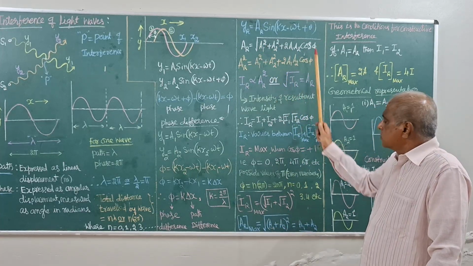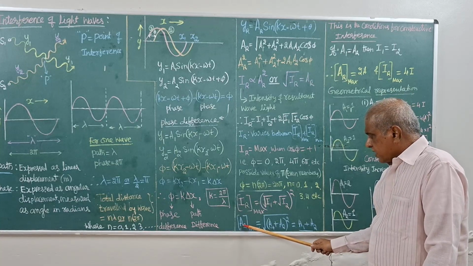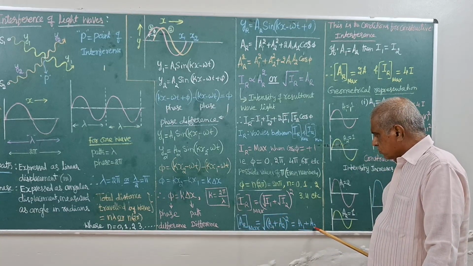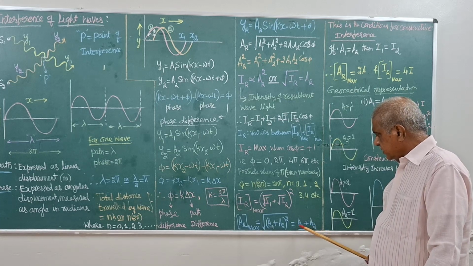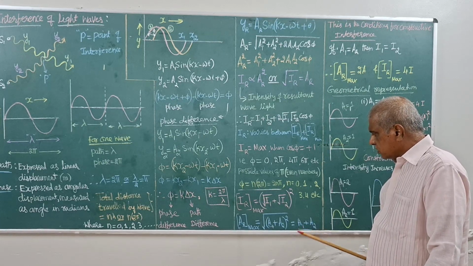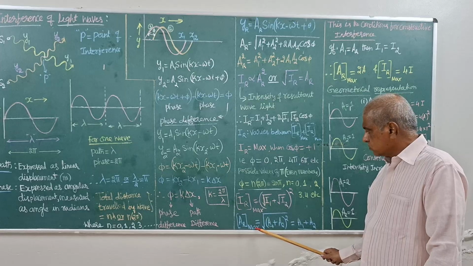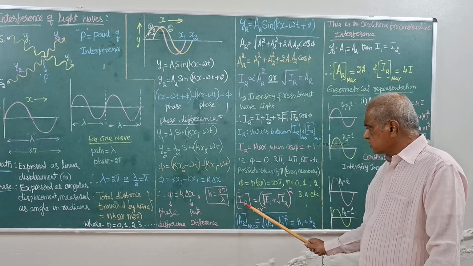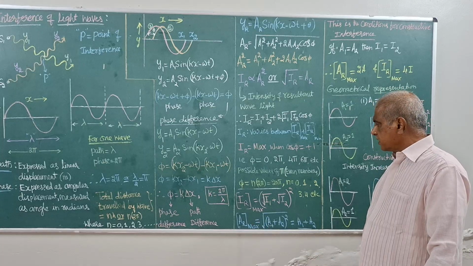For the maximum, the root and the square cancel, giving a1 plus a2. Simply the addition of these two amplitudes is the resultant amplitude. Here, the root of this whole square gives the resultant intensity of the light.